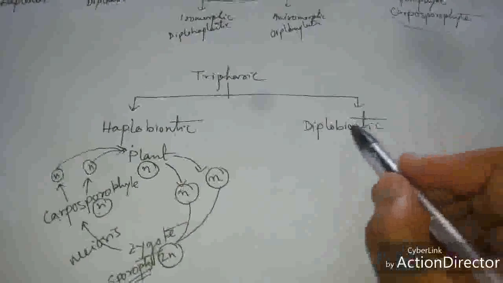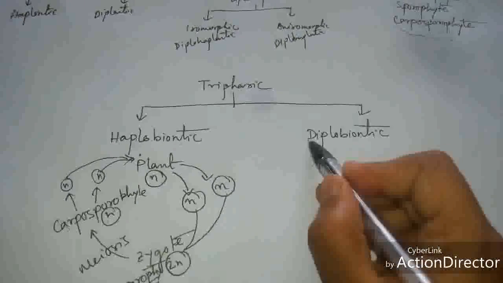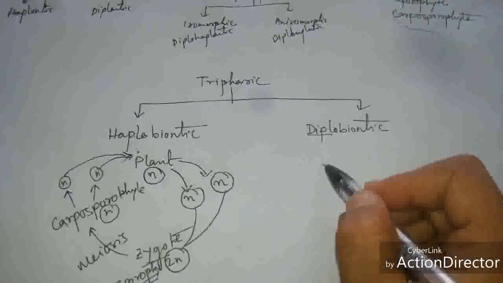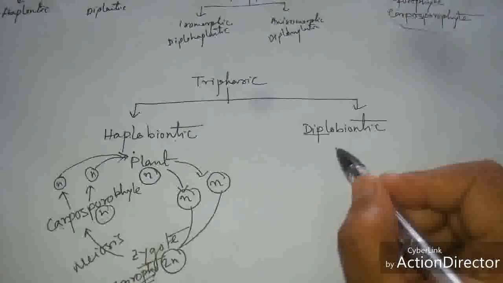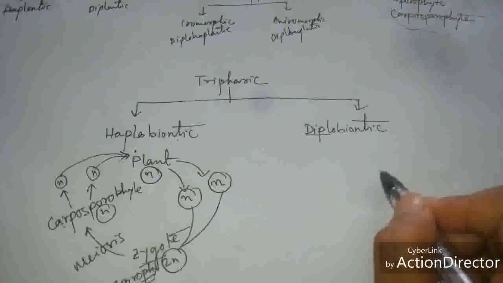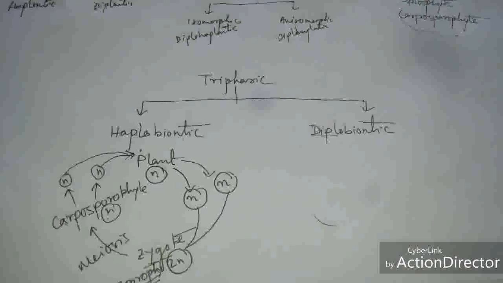Now the diplobiontic stage means two stages are diploid. Here the sporophytic plant and carposporophyte are diploid, and the main gametophytic plant is haploid.